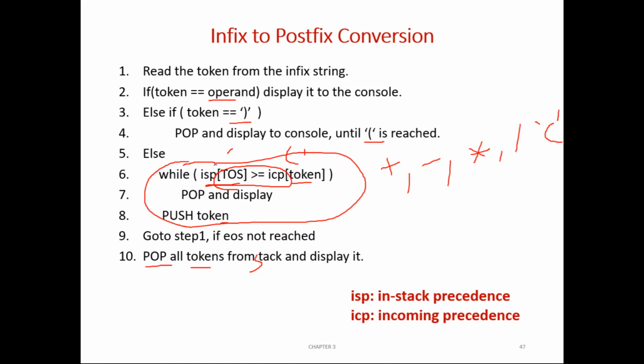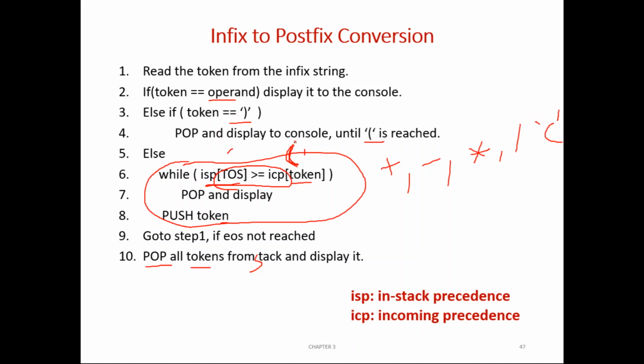That is, for any in-stack element, that element's precedence should not be greater than the open bracket. For any top of the stack element, its precedence should not be greater than the open bracket, because the moment you encounter an open bracket in the input string or the incoming token, we want to just push.